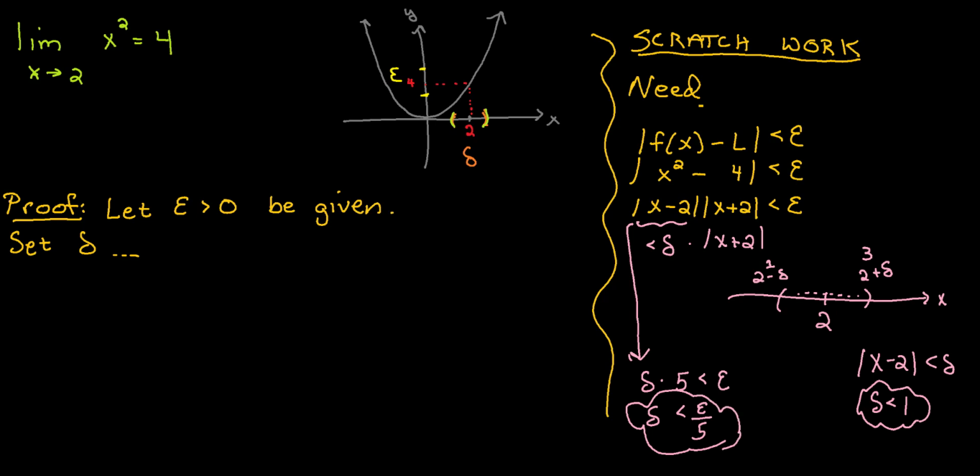How to reconcile those two pieces? I'll come back over to my proof and say, okay, here's what I'm going to do. I'm going to set delta to be the minimum, or less than the minimum if we're really worried. We can do it either way.